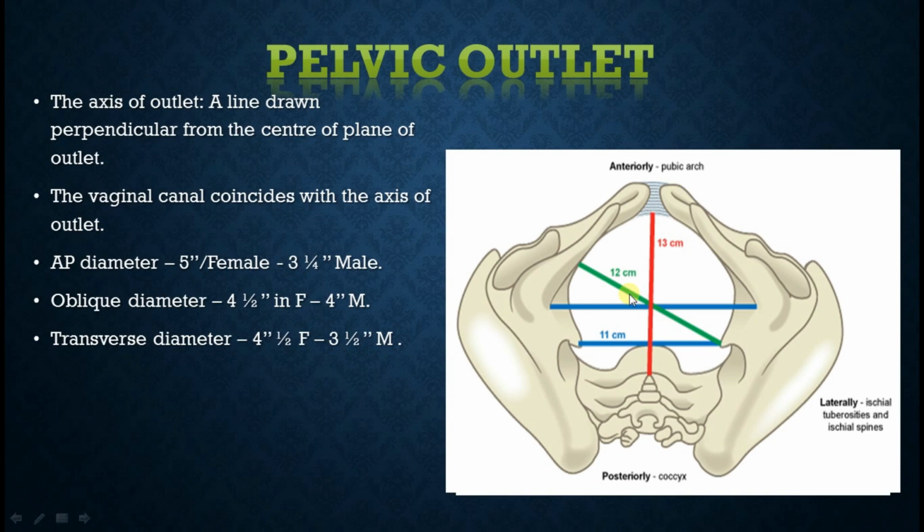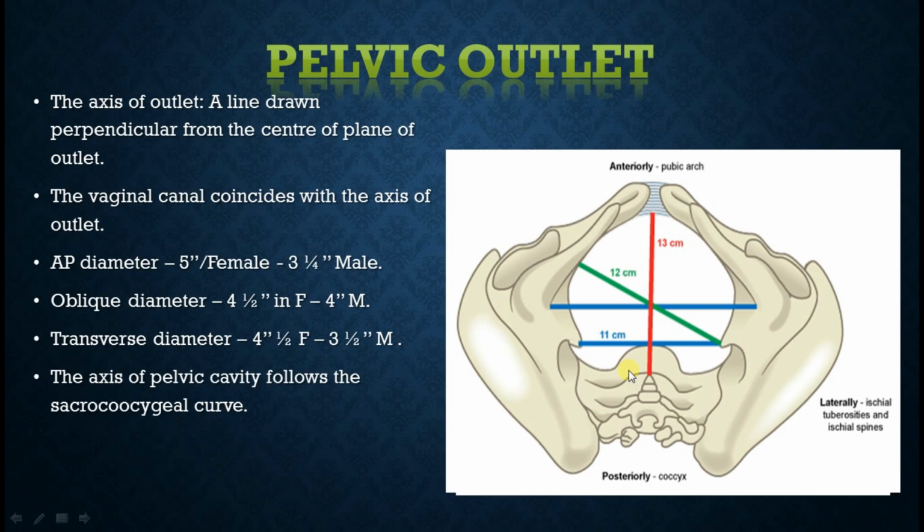Oblique diameter is 4.5 and transverse diameter is again 4.5 in case of the pelvic outlet. So all dimensions of the female pelvis, whether it is inlet, cavity or outlet, it is wider or slightly but significantly larger than the male pelvis.